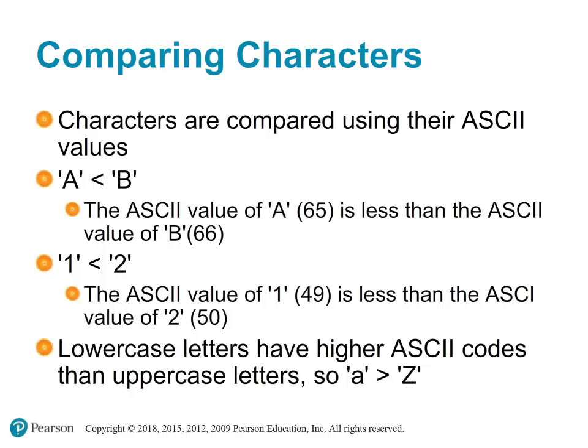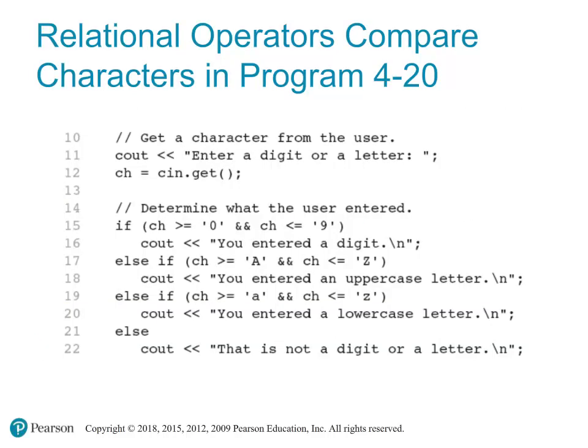Lowercase letters have higher ASCII values than uppercase letters. For example, the ASCII value of lowercase a is 97, which is greater than the ASCII value of uppercase Z, which is 90. This program demonstrates how to use relational operators to compare characters based on their ASCII values.